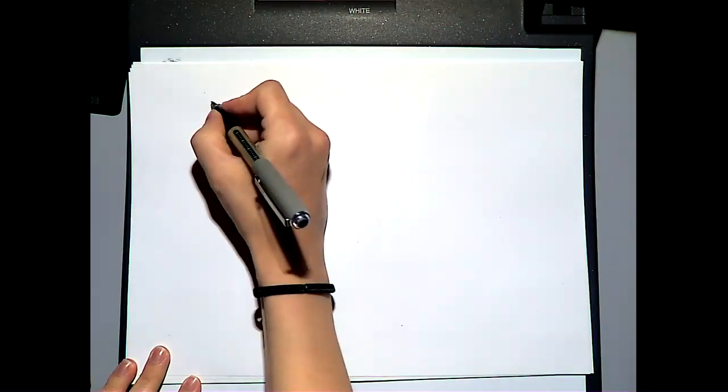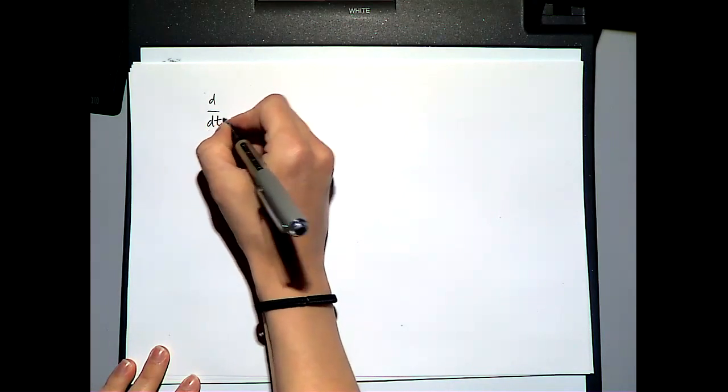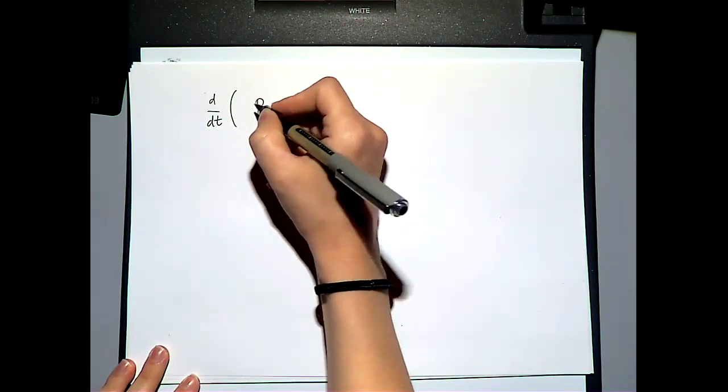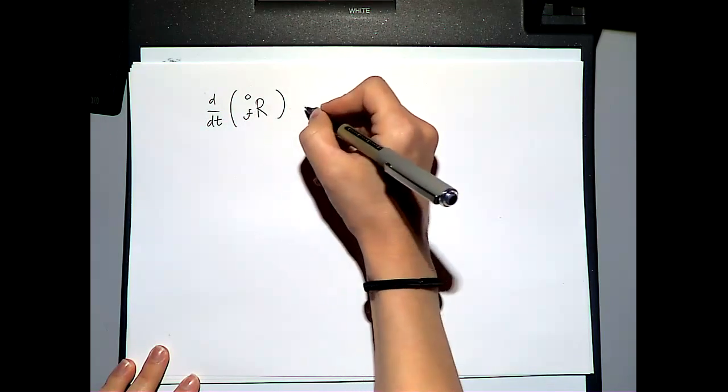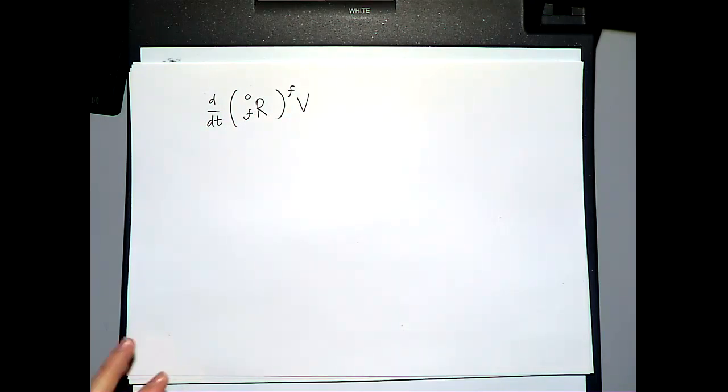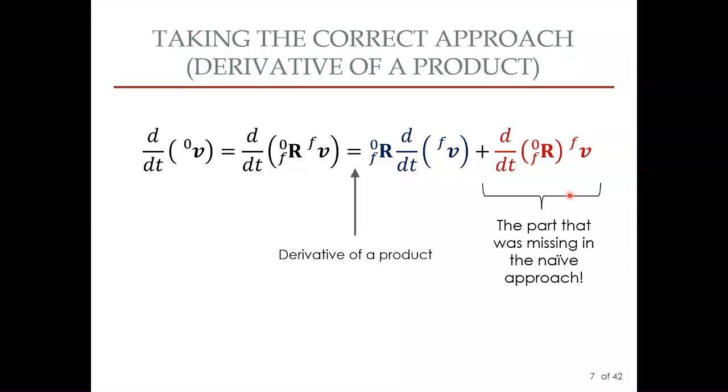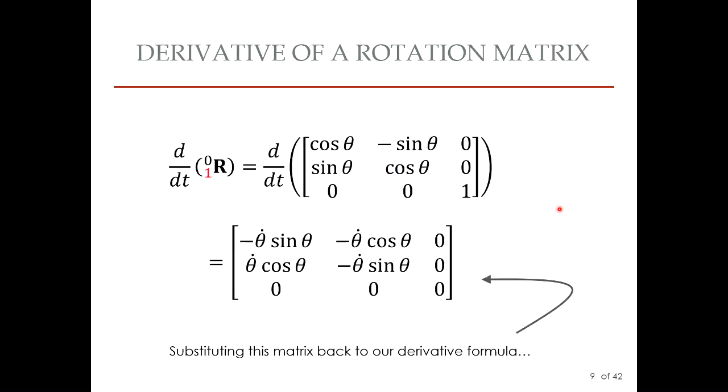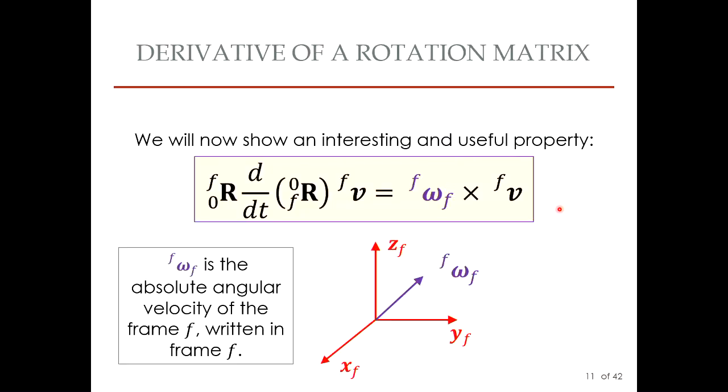So we have d dt r from f to 0 times v in f. I want to check how I can shorten the procedure of doing this and also multiplying by the rotation matrix from 0 to f, because eventually I want to work in frame f.